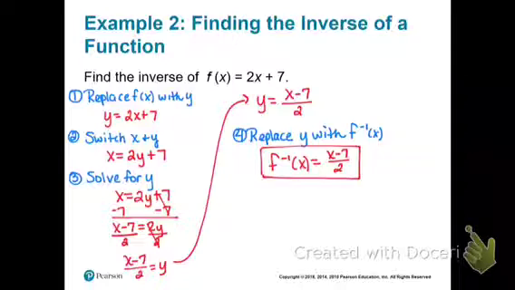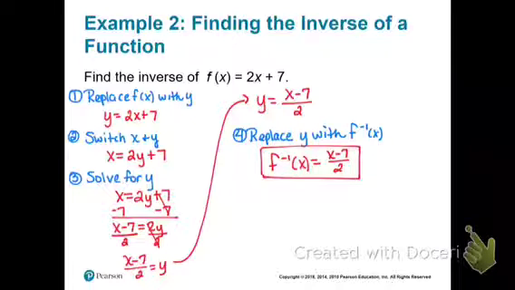Now, it did not tell me here that I had to verify it. But if it did, what would I do? So the f minus 1 of x is the inverse. Yeah, the f with the little negative 1 there means the inverse of f of x.